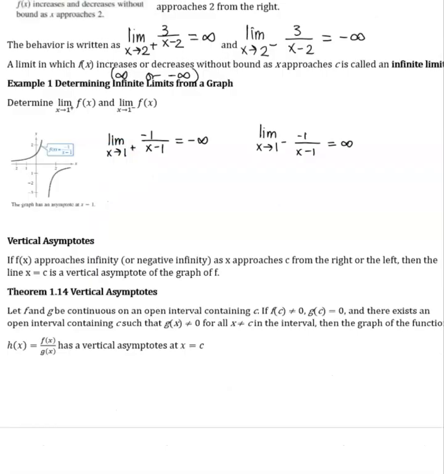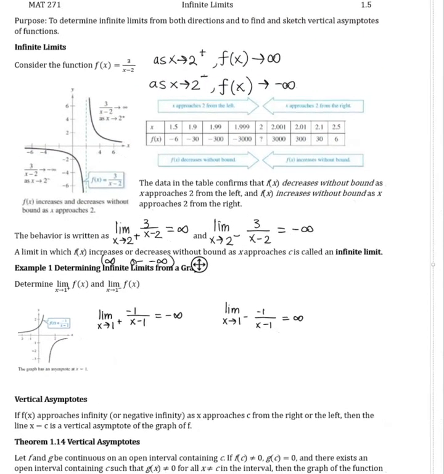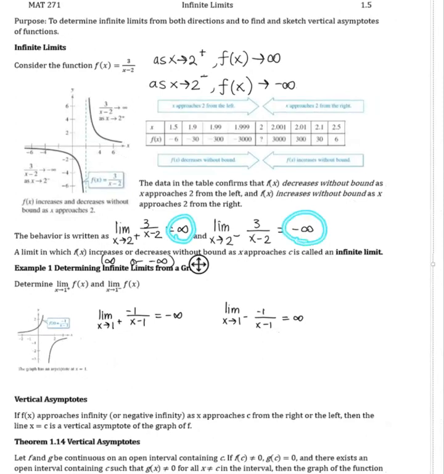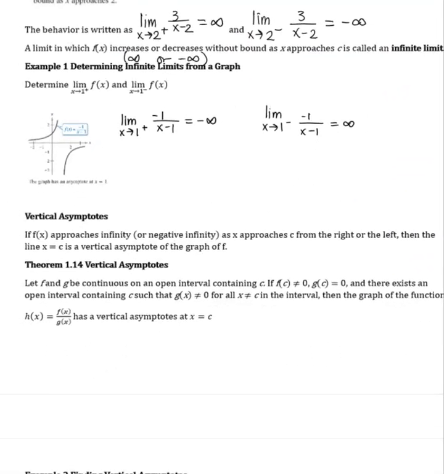So we have now seen 2 examples where we approached vertical asymptotes from the left and from the right, and our answers were positive infinity, or negative infinity, some combination of those. Generally speaking, when you're working with vertical asymptotes, that's exactly what's going to happen. You could have vertical asymptotes where both the limit from the left and the right would be positive infinity.